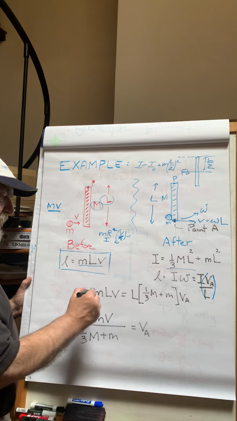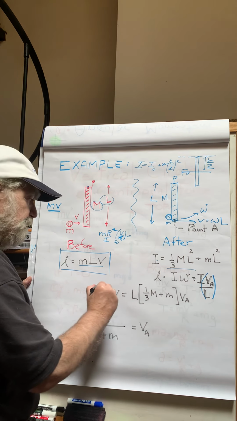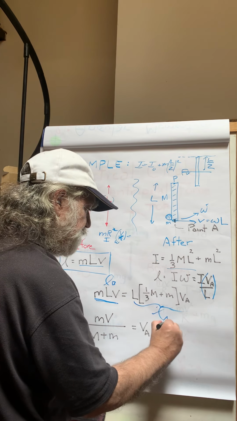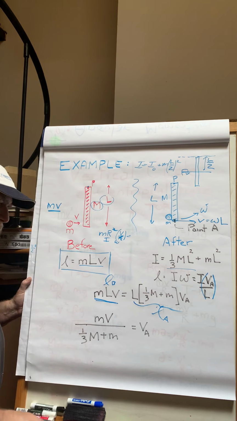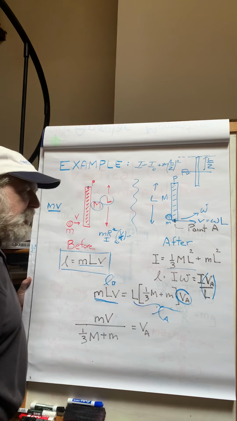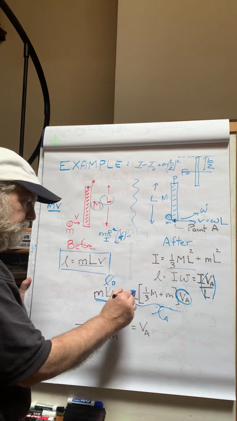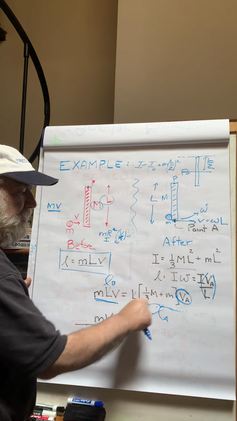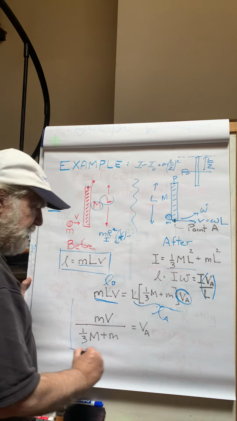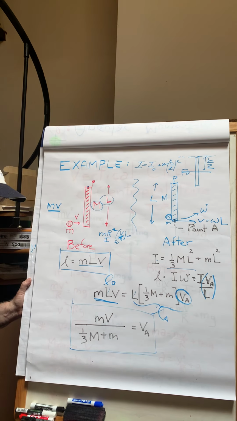And therefore, I set the before angular momentum, L before, equal to L after. And by equating them, I can solve for the only thing I don't know, which is the velocity of point A, V sub A. And so I cancel the L's out, and I divide by 1/3 capital M plus little m, the mass of the bar and the mass of the ball, and I get the velocity of point A is this ugly mess here.